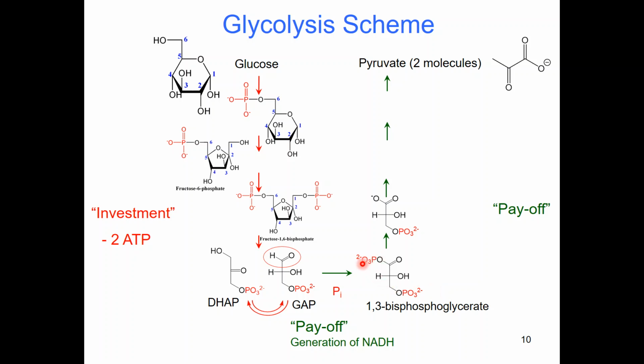So once we transfer this phosphate group from 1,3-bisphosphoglycerate onto ADP to form ATP, what is left from that structure is 3-phosphoglycerate. You can notice here that the carboxyl group of 3-phosphoglycerate is actually the same carboxyl group that we are looking for in pyruvate, right?